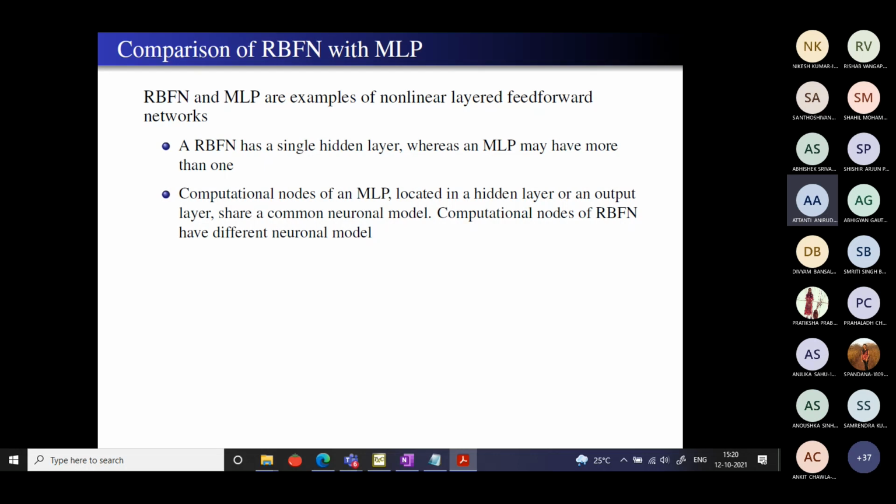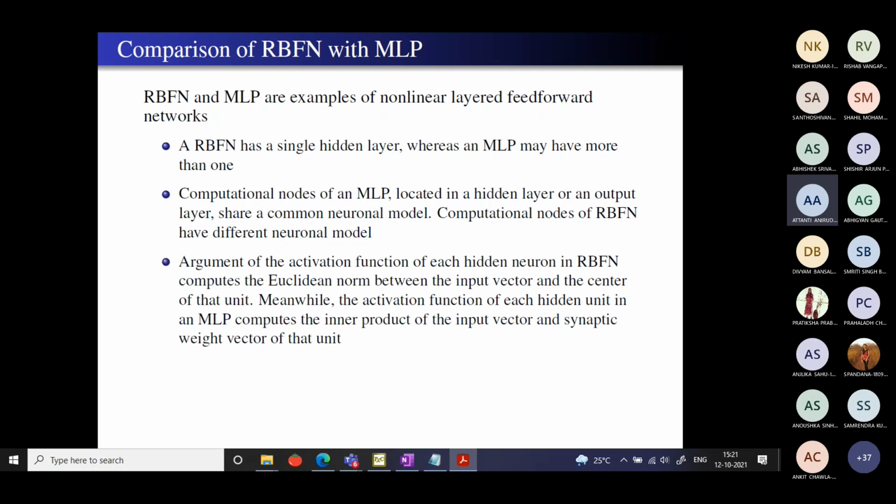Whereas in RBFN, the hidden layer uses a different kind of neuron, with a non-linear transformation, particularly the Gaussian function, whereas the output uses a completely different neural model.